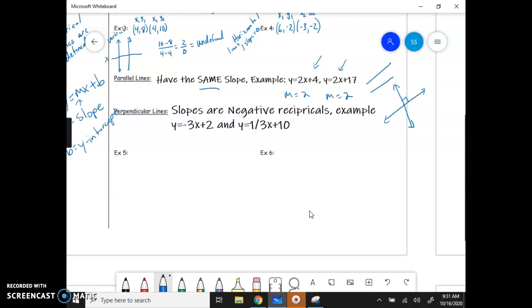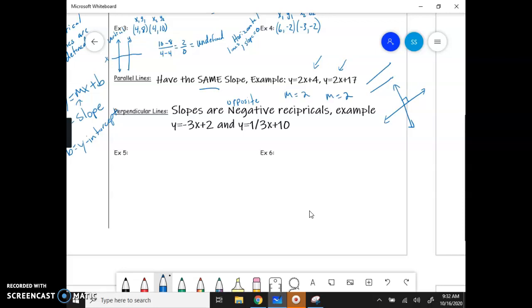But it's not just negative, it also has to be reciprocal. So perpendicular lines have slopes that are negative reciprocals, or I sometimes say opposite reciprocals. One has to be positive, one has to be negative, and they have to be reciprocal.